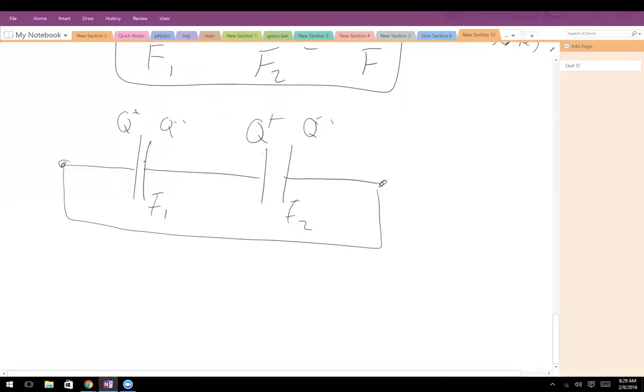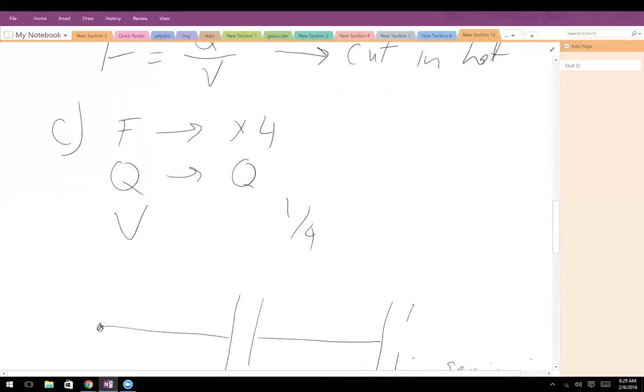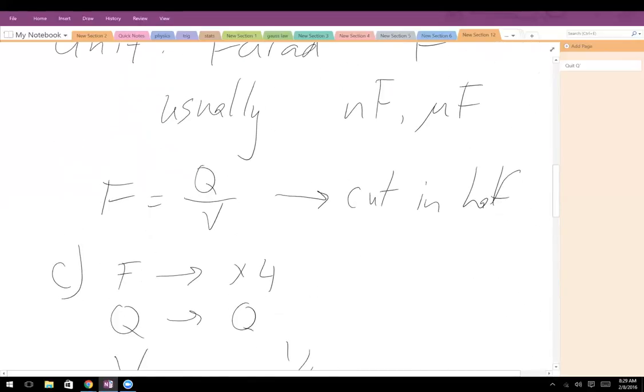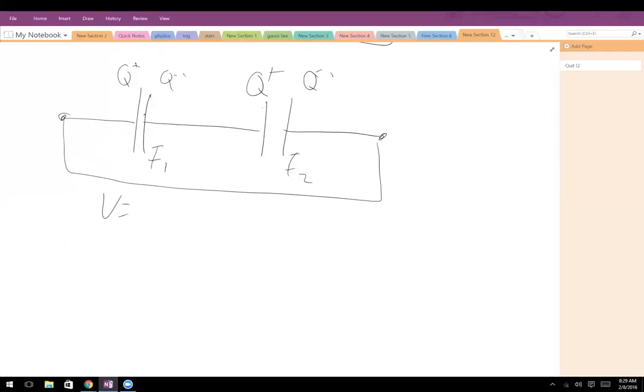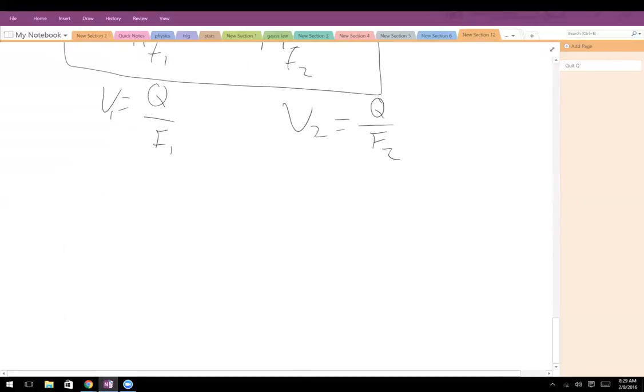So here, my V is, go back to the formula, F is Q over V. So V would be Q over F. My potential drop across the first one is Q over F1. My potential drop across the second one is Q over F2. So my potential drop across the whole thing is Q over F1 plus Q over F2.